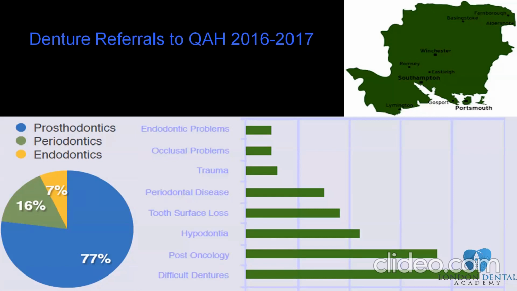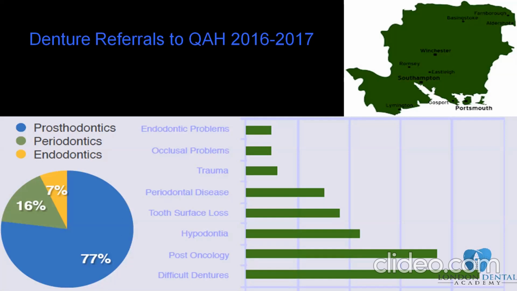It's quite daunting from our point of view, and quite disappointing as well, because dentures are probably one of the easiest procedures in dentistry, with the lowest risk in terms of litigation, and the most enjoyable, because of the quality of life you provide people with, and the improvement is quite dramatic. So I'm a bit surprised personally why people are referring more dentures to hospitals, to specialists, rather than doing them within their general practice.